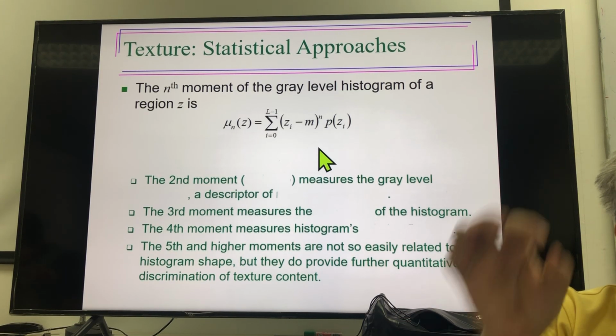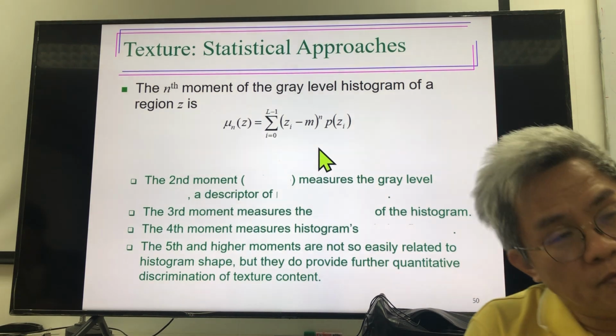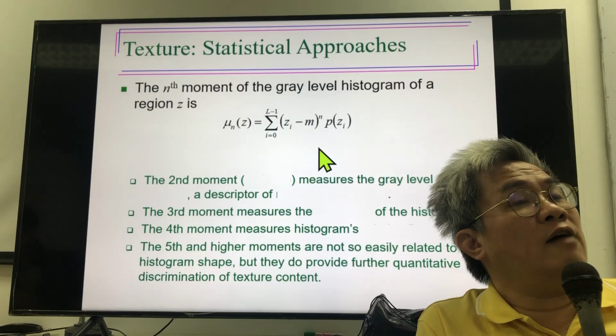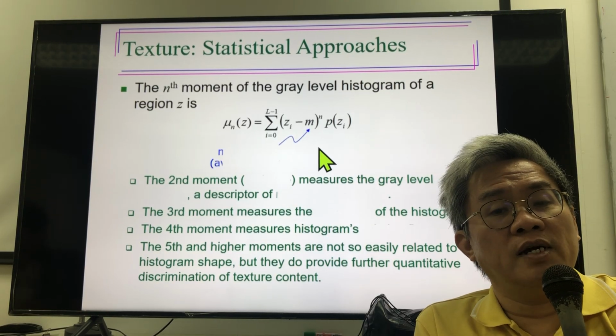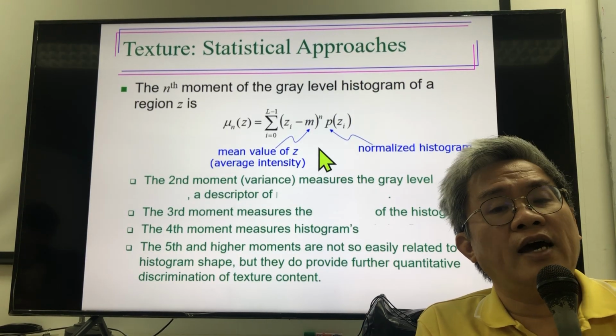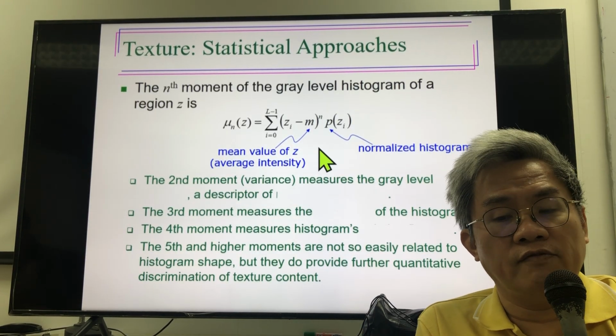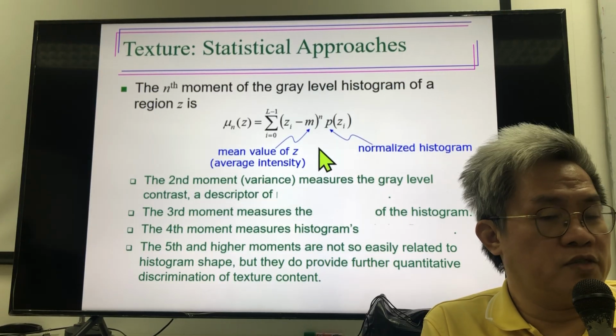The first moment is represented by the mean, the average gray values. The second moment represents the variance, which represents the contrast of the objects.